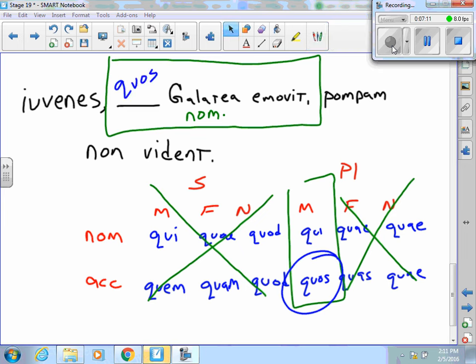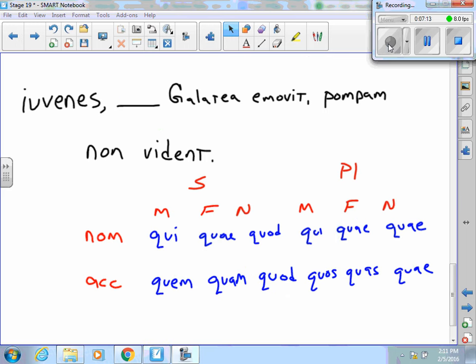Going through that one more time, let's change Iuvenes to something else. Here I changed Iuvenes to puella, and because that's singular, I had to change vident to videt. But I need to look at the antecedent, puella. If I want to use a qui, quae, or quod, I need to decide what number it is and what gender it is. I can tell puella is singular, so all of those plurals are gone.